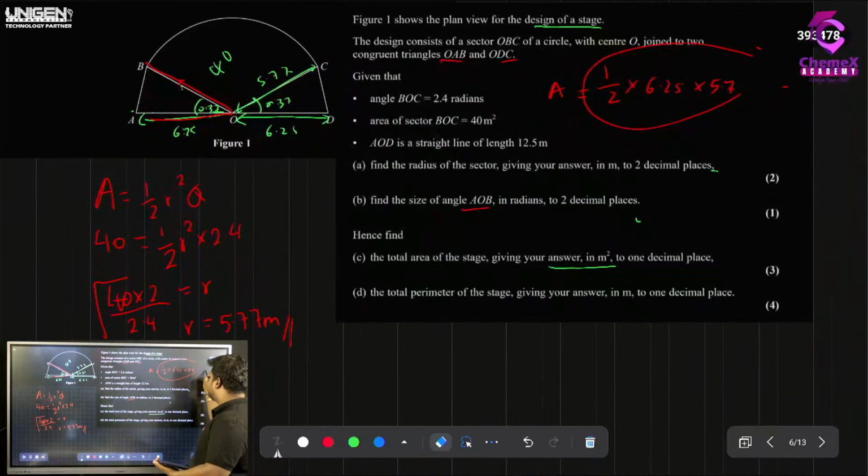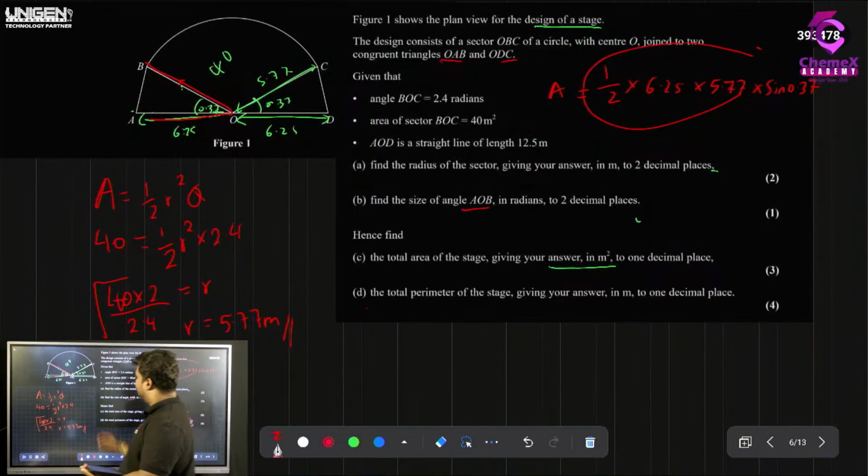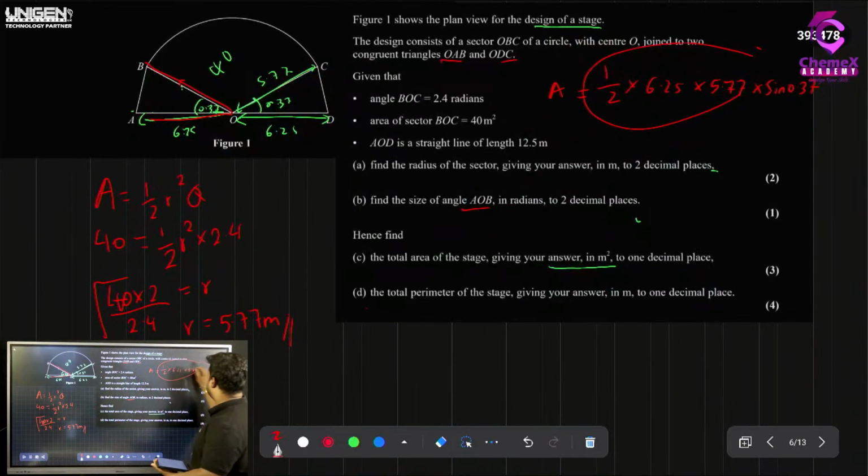Half AB sine C. So what's the sine angle? 0.37. Now type this, get the entire answer, then multiply it by 2. For this answer, you get 6.5377.